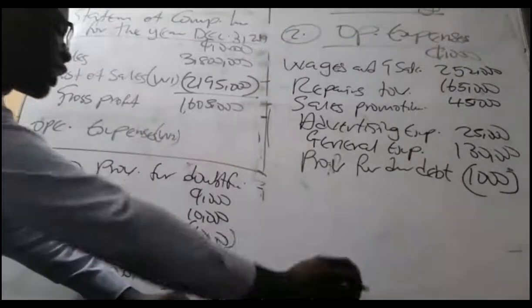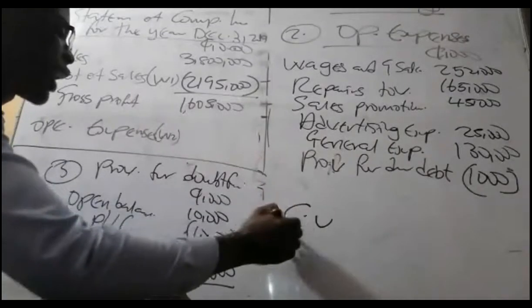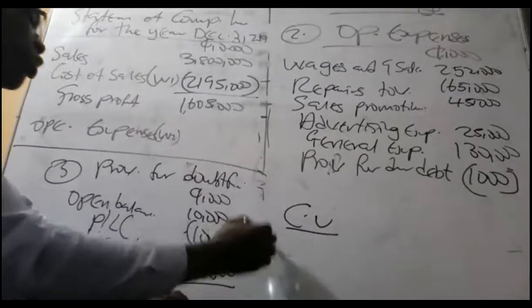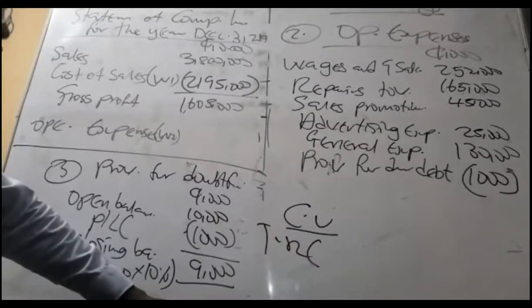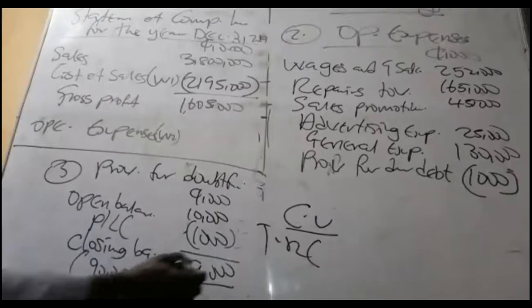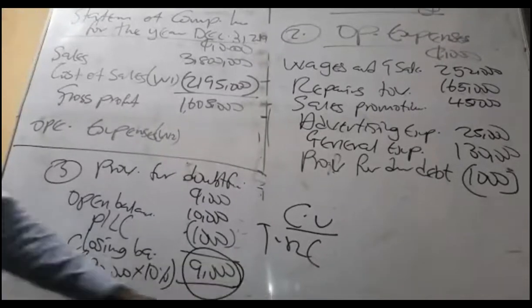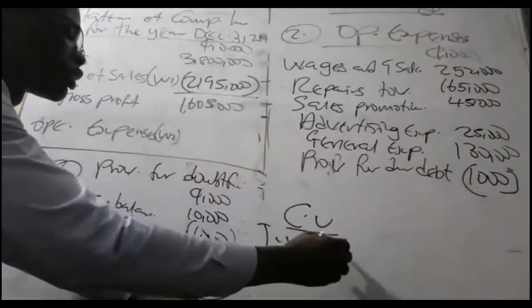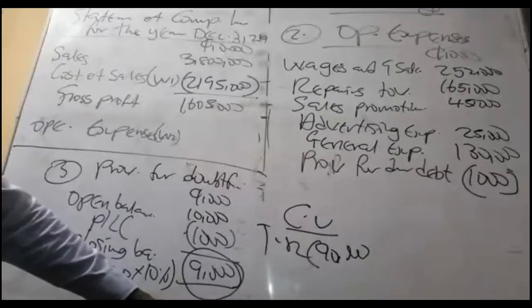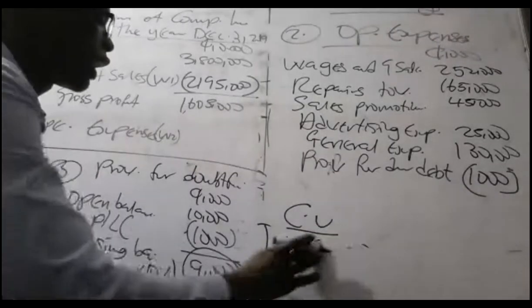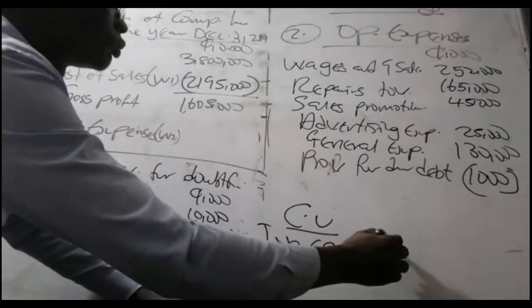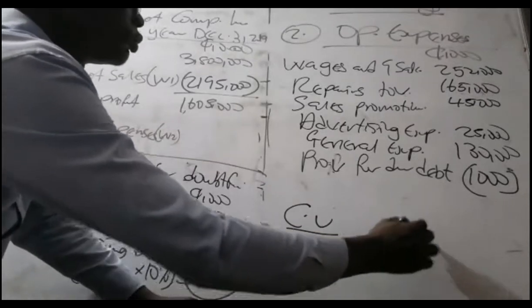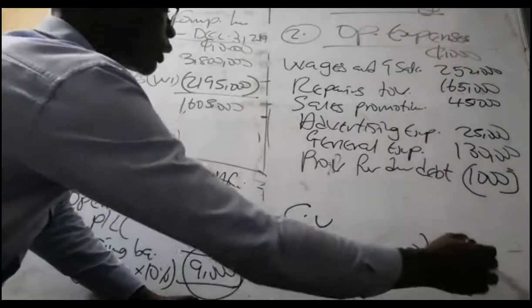Go to the financial position, the current assets side, go to the trade receivable, open the brackets, pick the original value, then less the closing balance. So the original value is what? 90,000. 90,000 less the closing balance will give us 81.